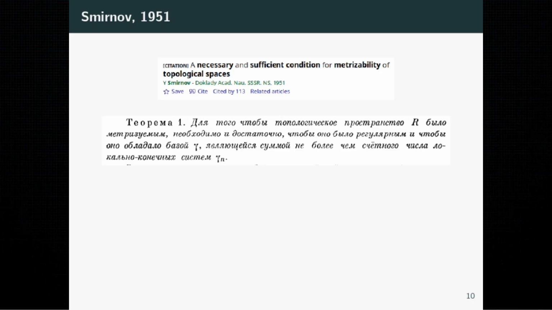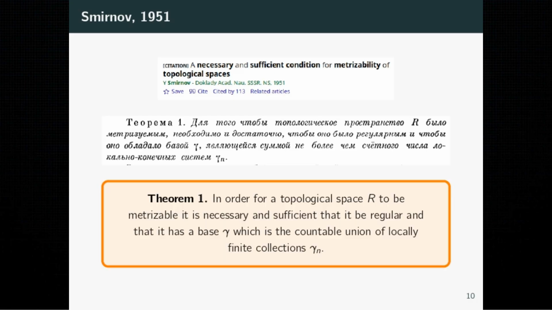So I read that paper, and the important theorem is the following. Of course, it's written in Russian, and a fairly good translation is the following: in order for a topological space R to be metrizable, it is necessary and sufficient that it be regular and have a base gamma which is a countable union of locally finite collections.